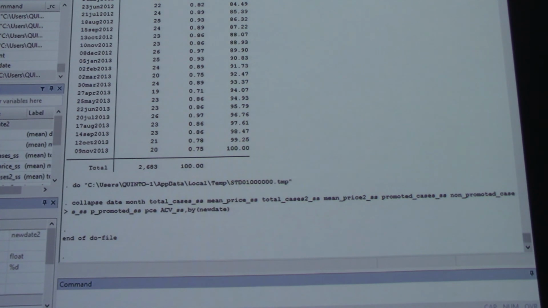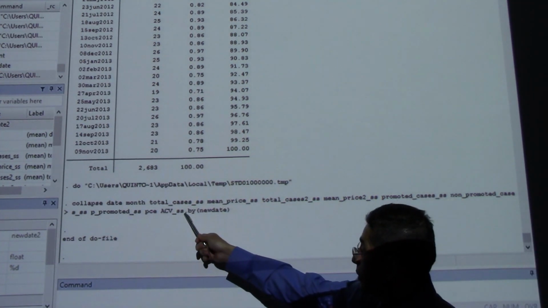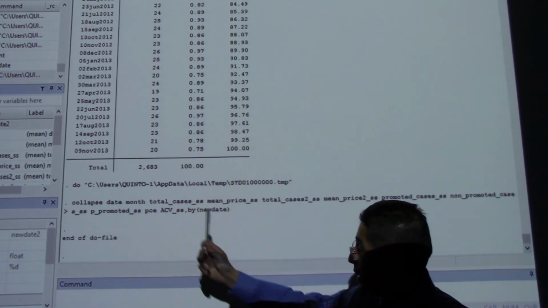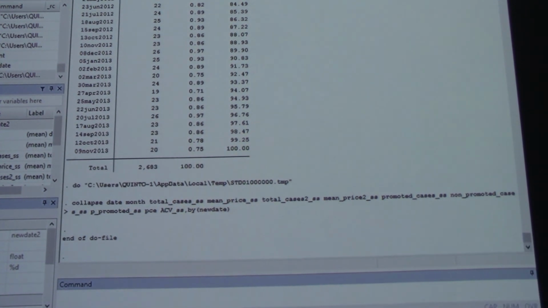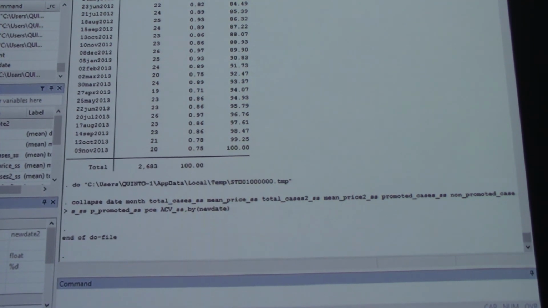Collapse all of our variables, and then the final is by new date, or by date would work also, or date 2 week.